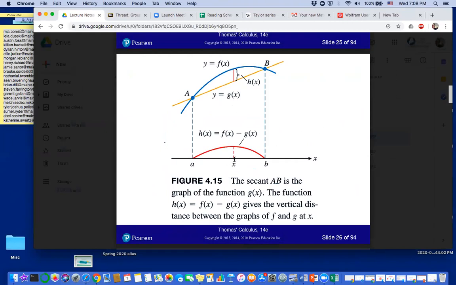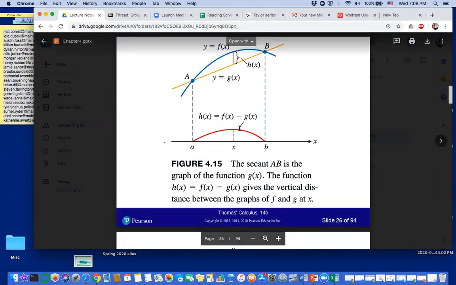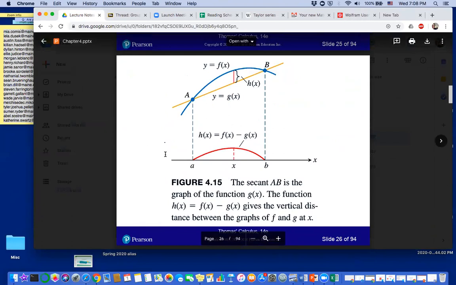But notice that in this new picture, this red function, this h, now satisfies the conditions of Rolle's theorem, yes?